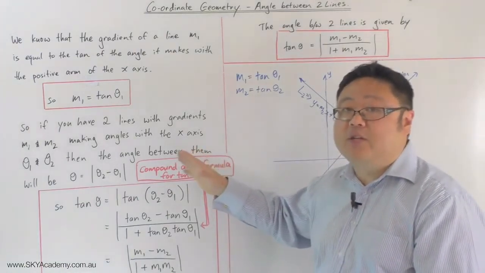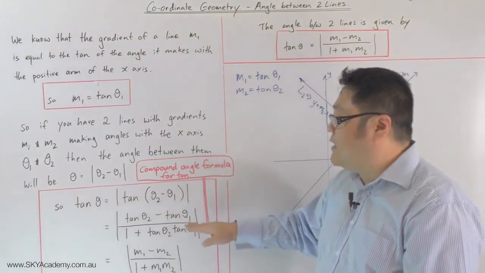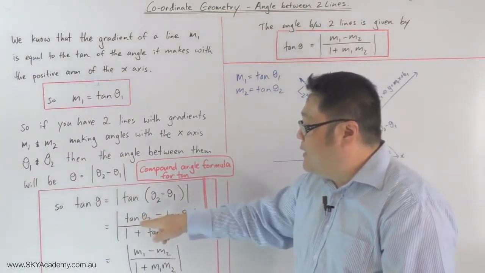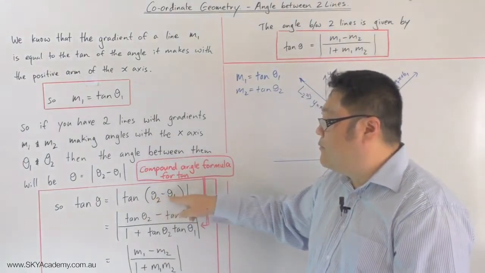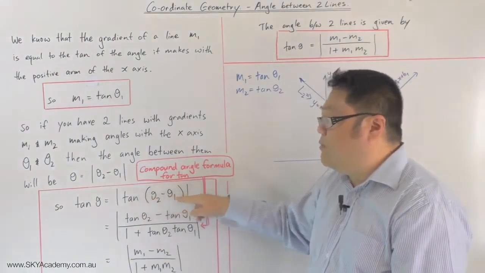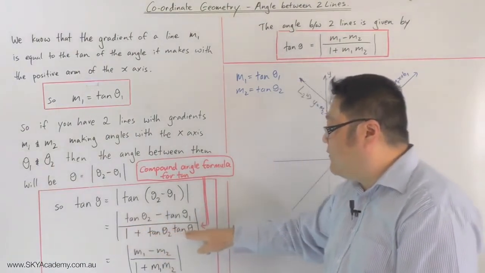You will have to know this eventually, but you don't have to know it now. If you apply the compound angle formula for tan, the tan of one angle minus another angle is going to be given by this formula.